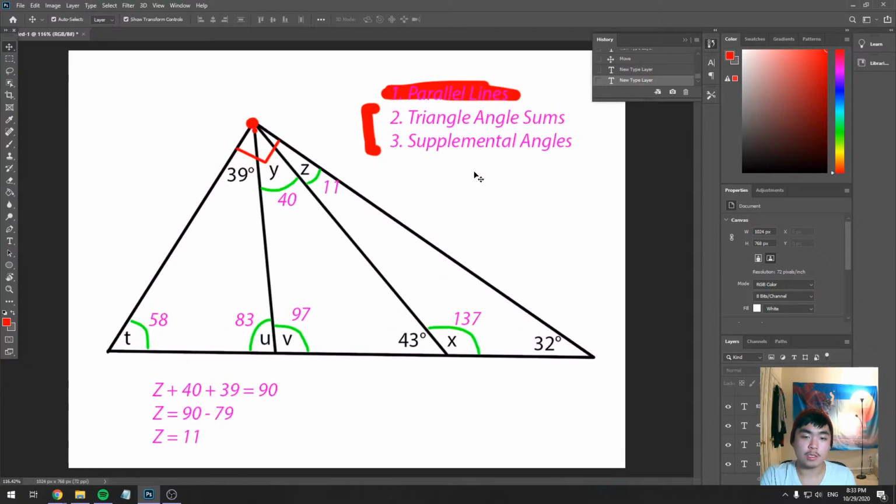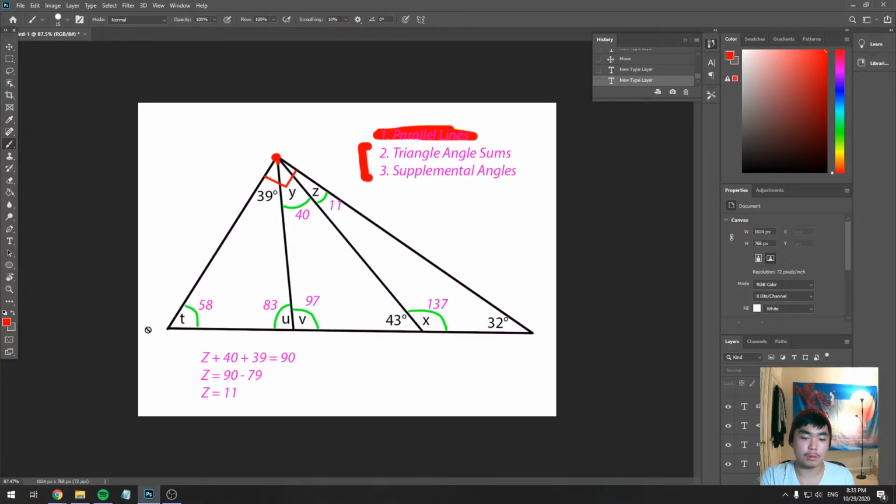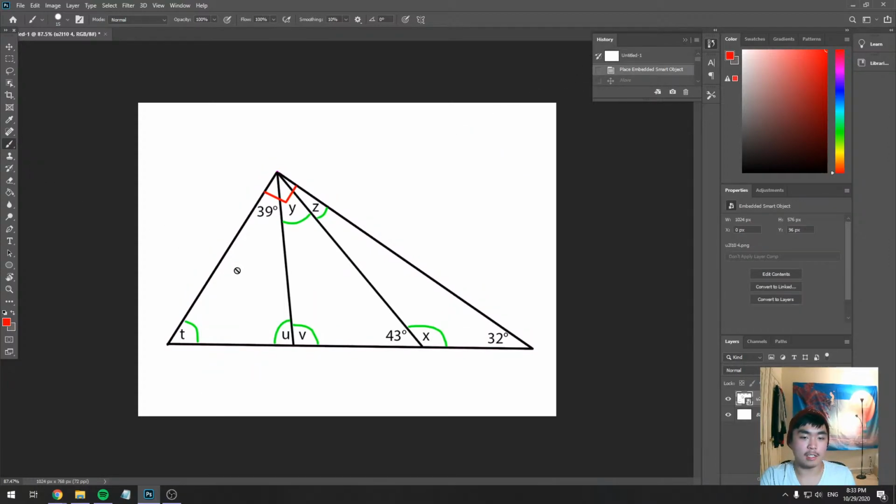You want to use your three main tools: parallel lines, triangle angle sums, supplemental angles. And you'll be able to solve for all of these angles just by looking at what you have and using those three basic rules to just keep finding more and more answers. Alright.